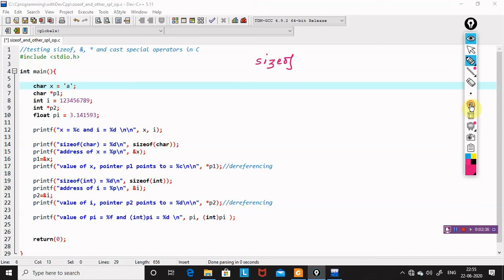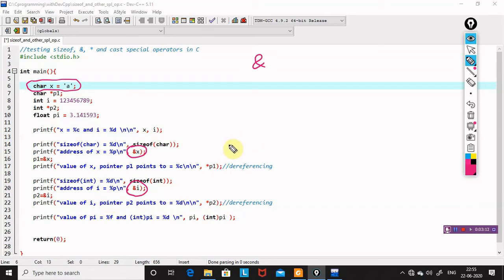Next we move on to the address of memory operator, the ampersand symbol. So in our program we have used this operator over here and over here. What does ampersand of x do? Now see, x is a variable which has been declared to belong to the char data type over here. Whenever this is executed, space in memory corresponding to 1 byte is reserved.